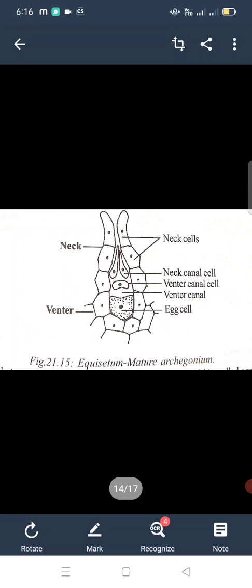Each gametophyte consists of a cushion-like central portion and erect lobes. The central portion and erect lobes are rich in chloroplast, and so they are green in color. The margin of the central portion is meristematic.